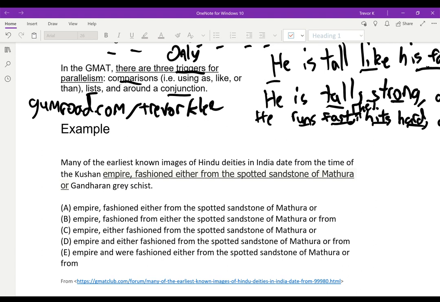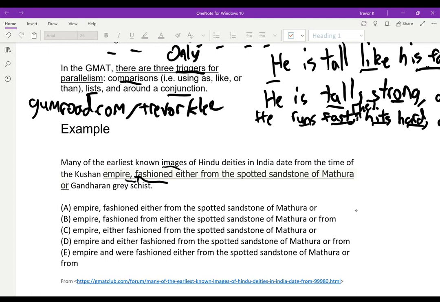Meaning-wise, I definitely am, right? So here, actually, my link doesn't really make sense because I say date from the time the Kushan Empire, fashioned. But that's pretty clearly supposed to apply to images. The images were fashioned. The empire was not fashioned. So meaning-wise, I need to link these things.